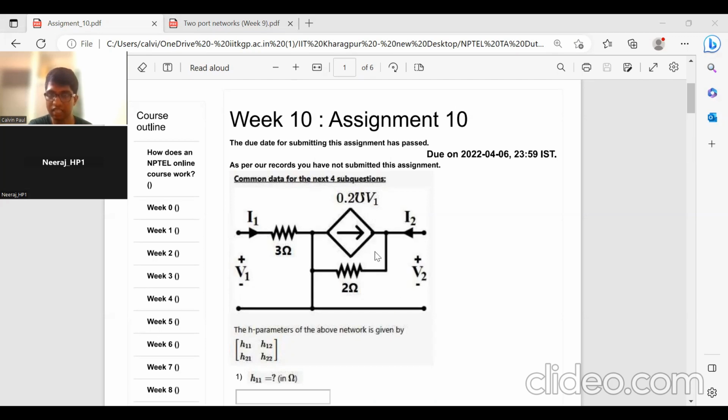It has an impact, right? We are considering it. Yeah, it is in parallel with the 2 ohm, but we are considering the effect. We are finding KCL at this node. Okay.